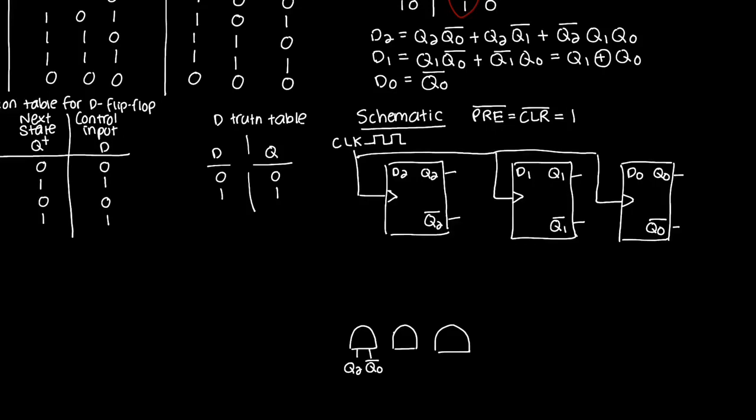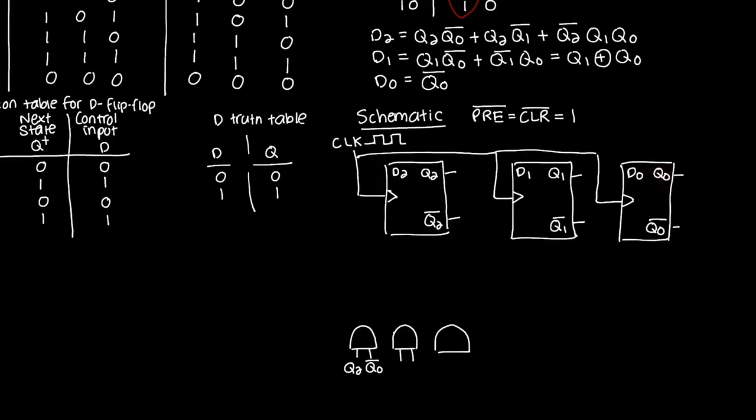You shouldn't have any inverters at the inputs to your AND gates, because the flip-flop itself already provides you with the inverted output over here. So you don't need that additional inverter. If you're asked for Q0 bar, you can just take it from here. You don't have to take Q0 and then invert it.